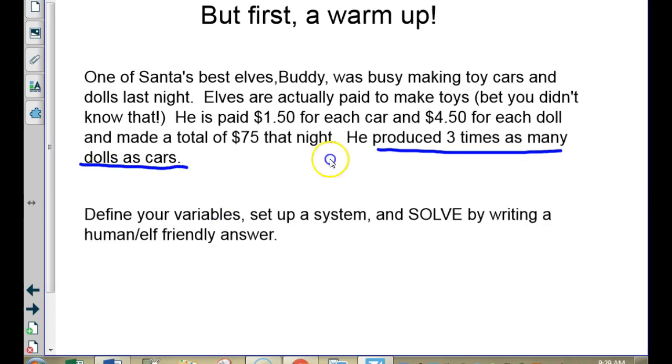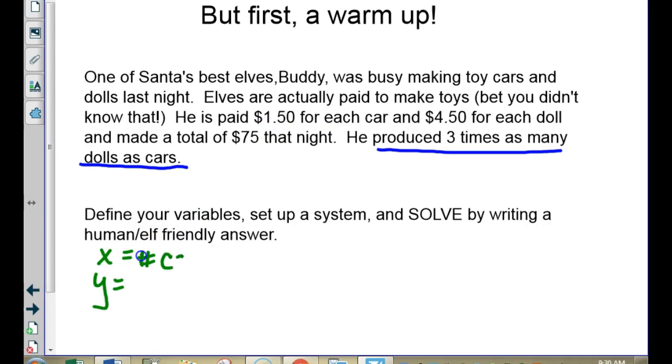All right. So define your variables. So what do we want X and Y to represent? You have to do this on the quiz and the final. Is it the amount paid for each car? Don't we already know that? Okay.